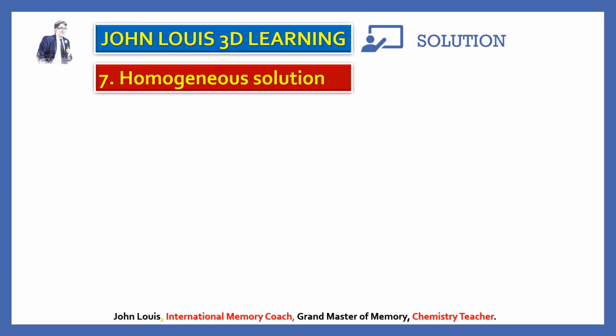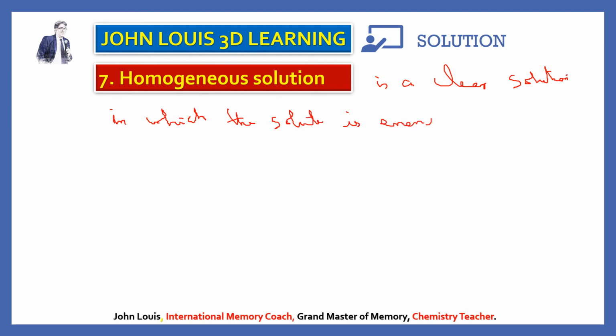Suppose every sip tastes the same, then that means the solute dissolved in that solvent is evenly distributed. So that is what is meant by homogeneous solution. Therefore, homogeneous solution is a clear solution in which the solute is evenly distributed.